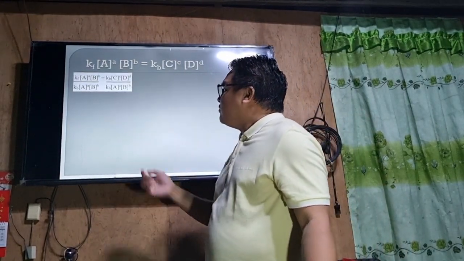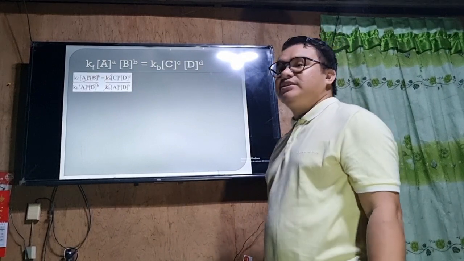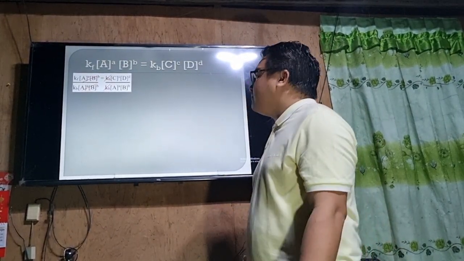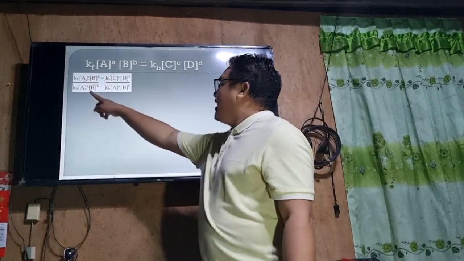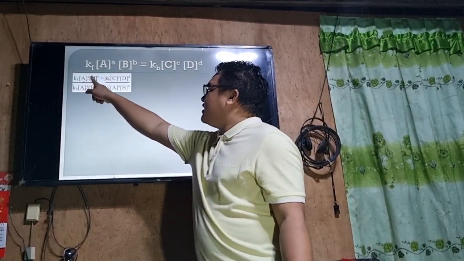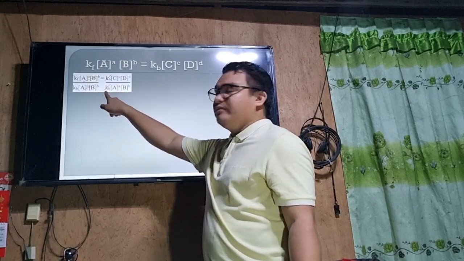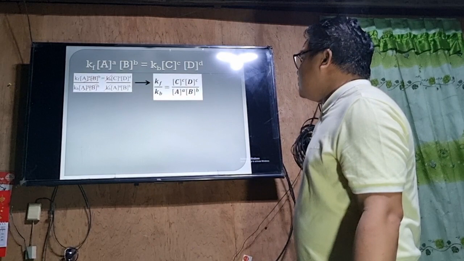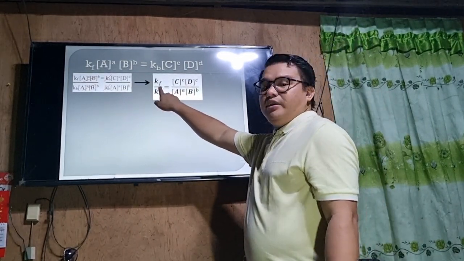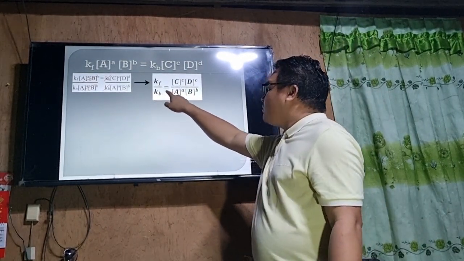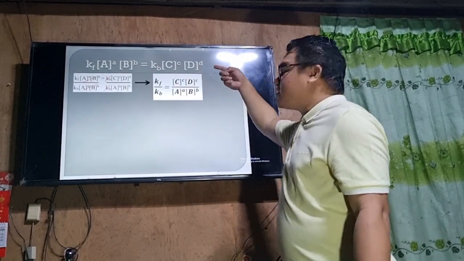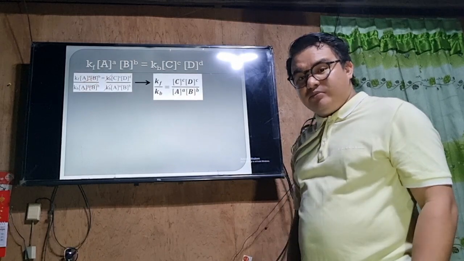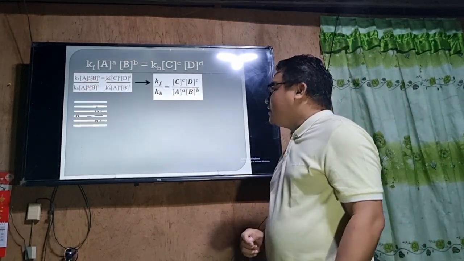So what we're going to do is cancel all the same terms, like A and B here cancel out, and then K sub B divided by K sub B cancels out. That leaves us with forward over backward is equal to the concentration of C times the concentration of D divided by the concentration of A times the concentration of B.